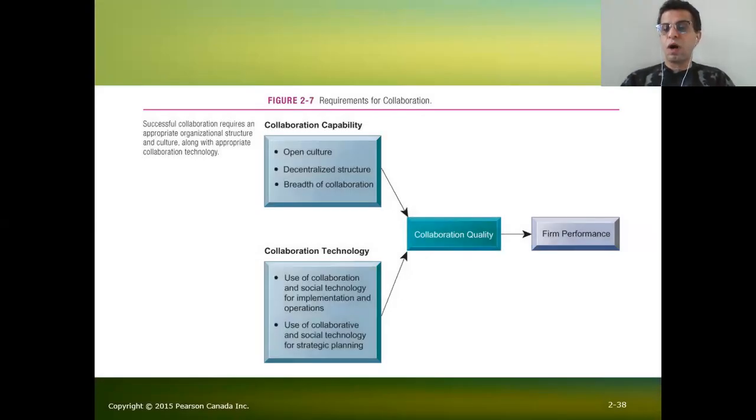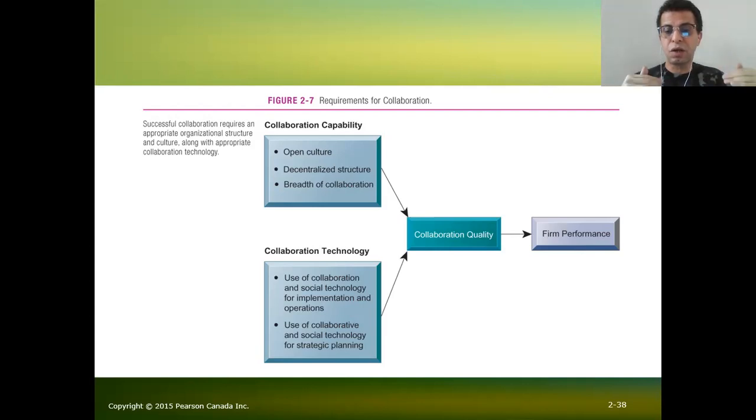So what are the requirements for collaboration? There are two things that you require for collaboration. One is collaboration capabilities, and the second is collaboration technology. Collaboration capability is within the human side: you have an open communication culture in your organization, a decentralized, flat structure, and a breadth of collaboration.